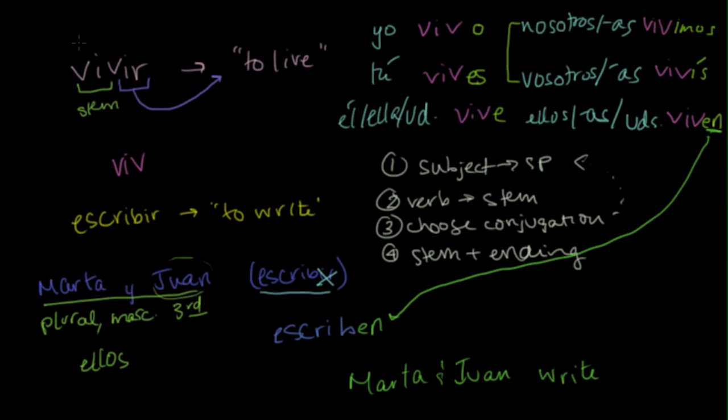Now let's try a challenge. I'm going to give you a subject and a verb, and you have to conjugate it yourself, and I'm not going to let you see the endings or the conjugation walkthrough step process. So I'll give you two examples. So the first one will be tú, and the verb I want is decidir, which means to decide.